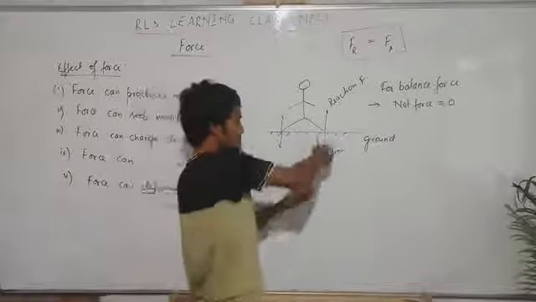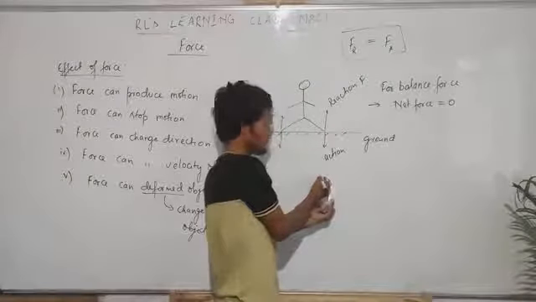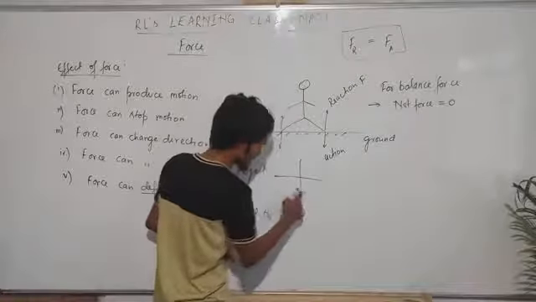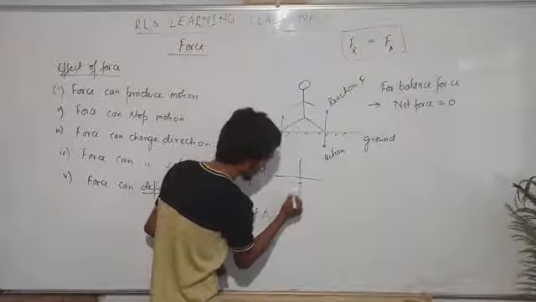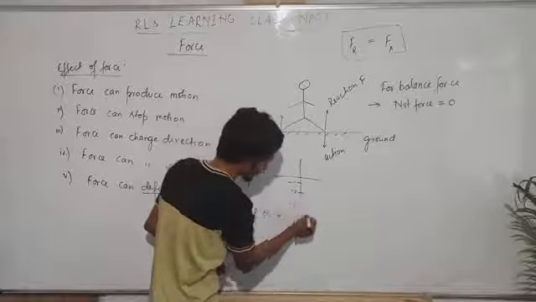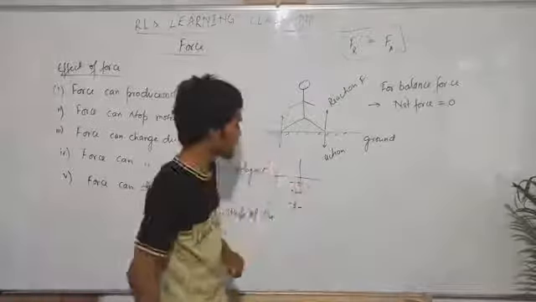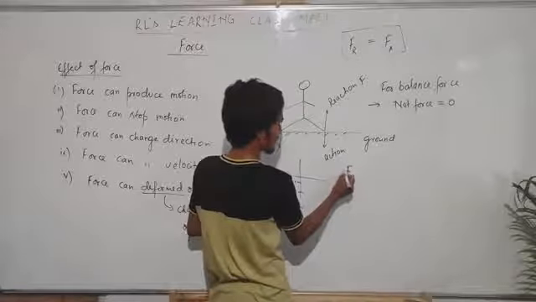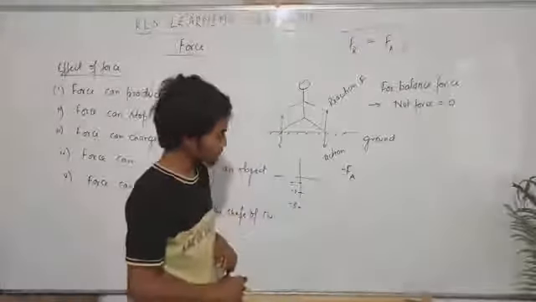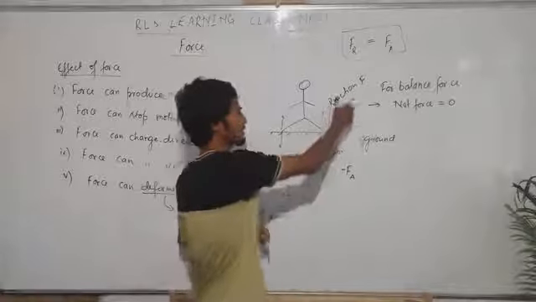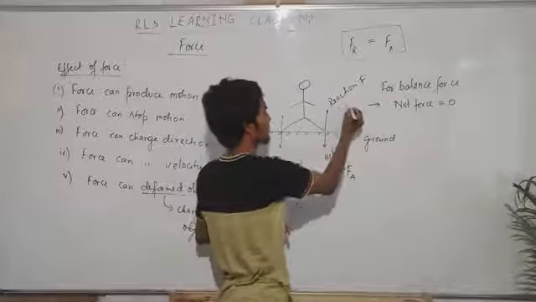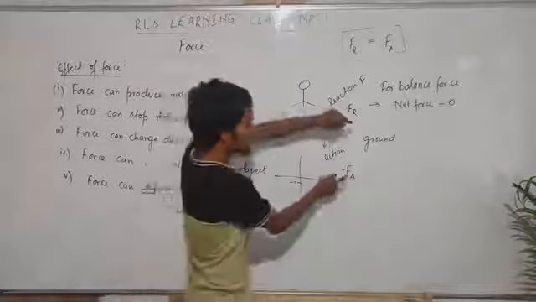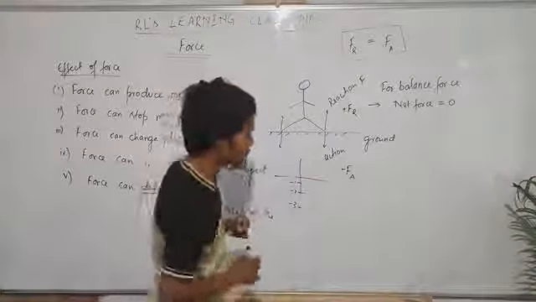Now look, this force is downward. Downward is always taken as negative when you draw a graph, right? Draw like this, then this one is negative, -1, then -2, -3. This side is always taken as negative. For example, this FA is negative. And then this FR is positive. But both these forces are equal in magnitude.